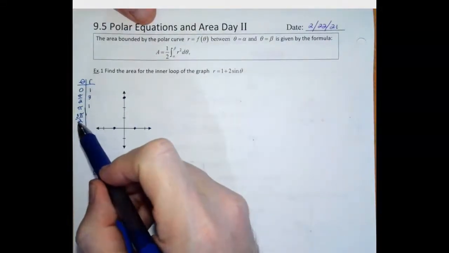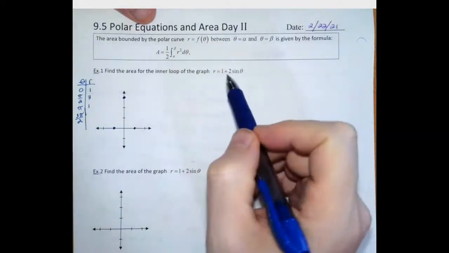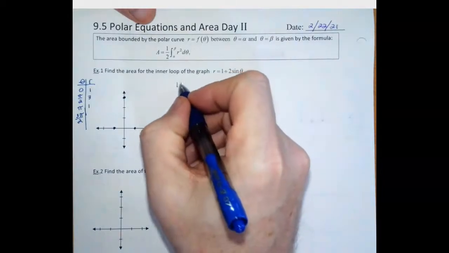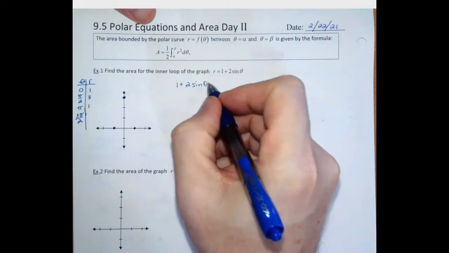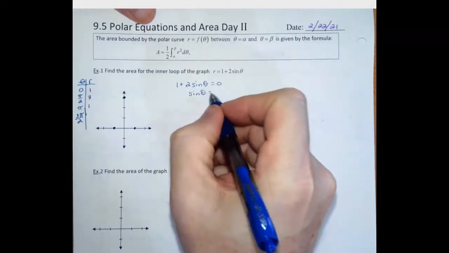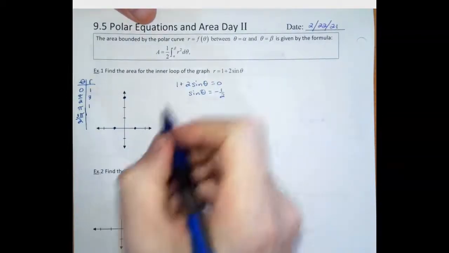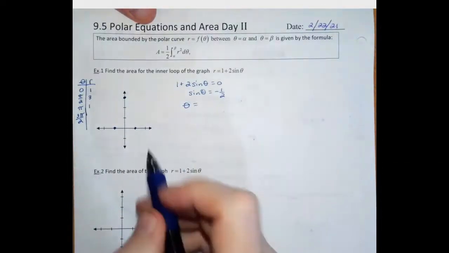Alright, so I do want to check 3 pi over 2, but before we do that, one of the things we did on the other examples was we set these things equal to 0, so we could find the angles that would give us 0. So if we do that here and subtract 1 from both sides and then divide by 2, we're looking at when the sine is equal to negative 1/2.